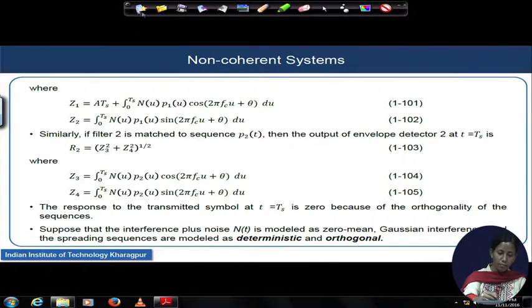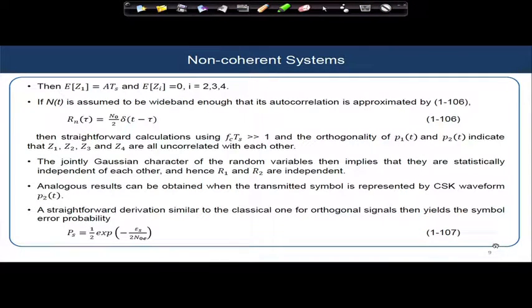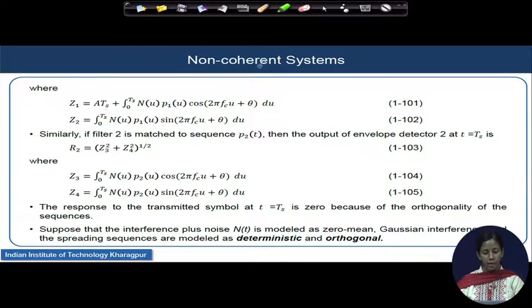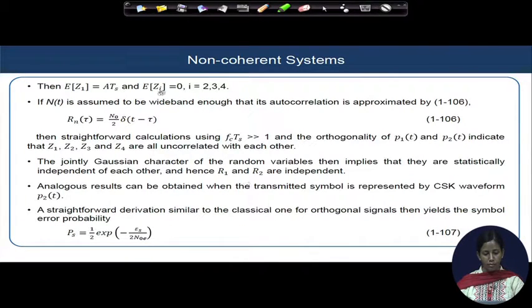Then remember that the expected value of Z1 will be A Ts. Come back here: Z1 is written by this, so if I take its mean, the noise section is modeled as a zero-mean Gaussian random process, so the whole expression boils down to this. For Z2, Z3, Z4, that is for i equal to 2, 3, 4, the expected value will typically be 0.